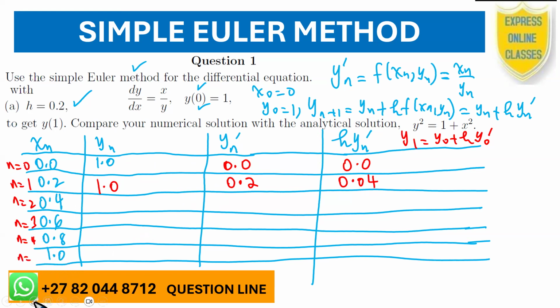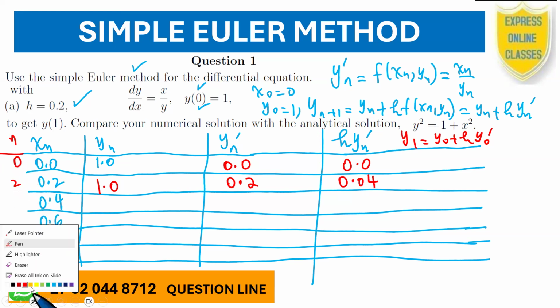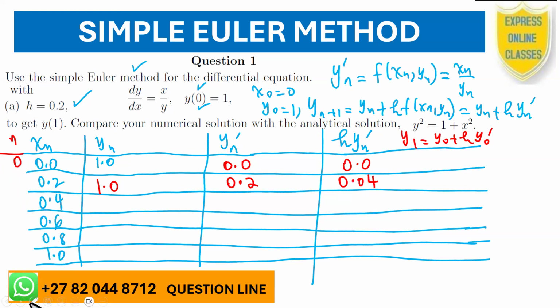You can write it in the same way the table is constructed. So you can put n and then 1, 2, 3, 4, so that you remember the positions of these things, because sometimes you can get mixed up. You can start from 1, of course, but normally we start from x0, y0. So it's going to be 1, 2, 3, 4, 5, like that.